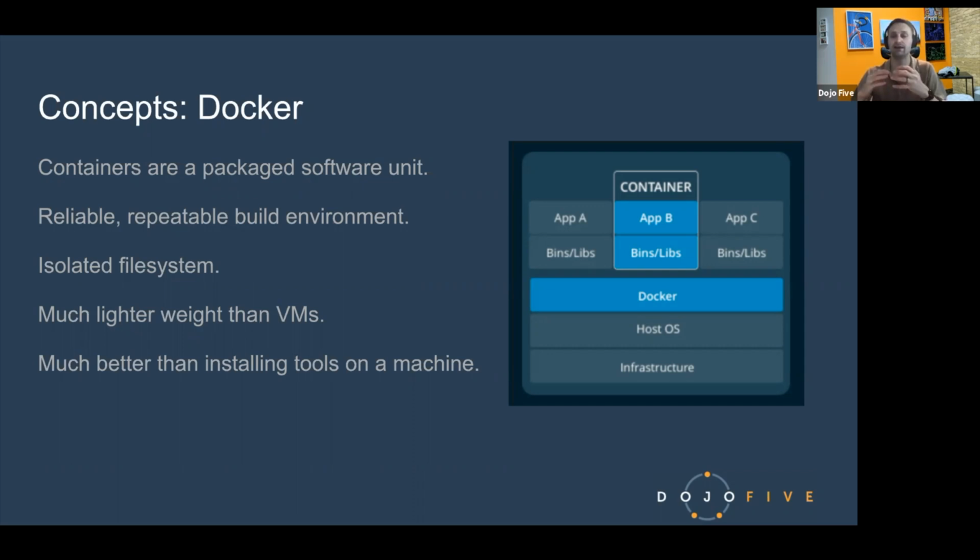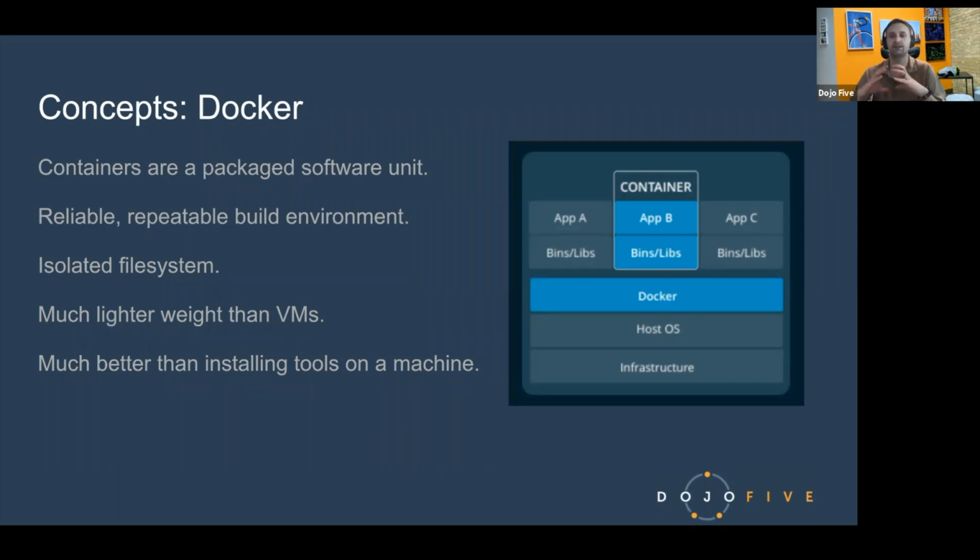And a way that doesn't require you to reserve 8 gigs of RAM for one Windows machine or one Linux box that's running on top of your host OS. And so containers were conceived of, and Docker popularized them and made them easy to use.